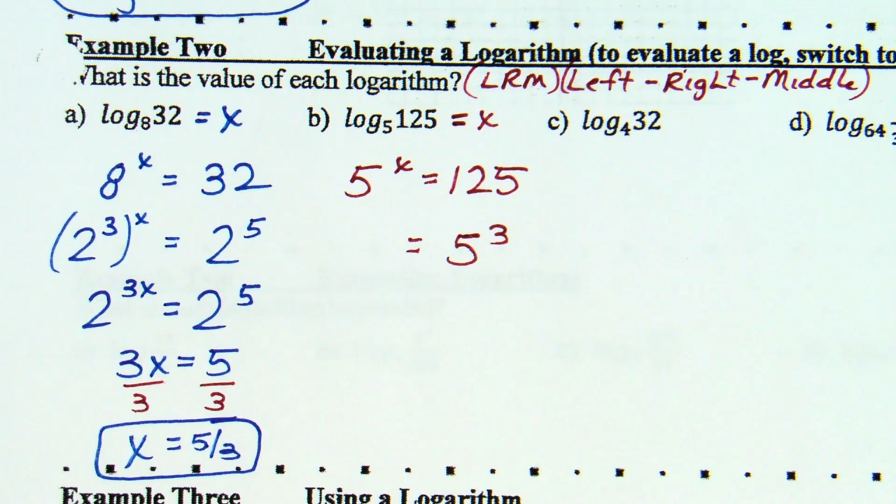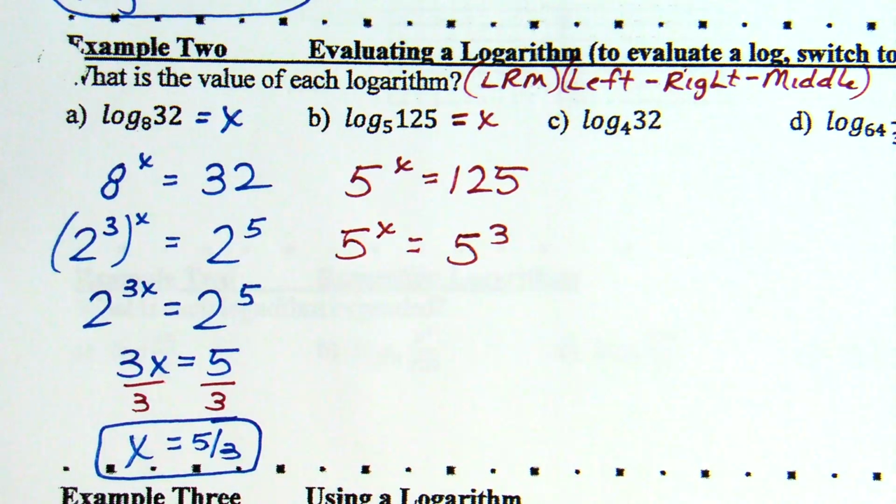What about 5 to the x? Just leave it, yeah. Does that work for us? I mean, 5 is a prime number. I can't take any root of 5. So it's just going to say 5, so that's 5 to the x. 125 is 5 to the third.